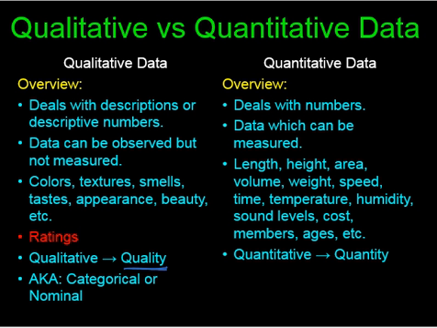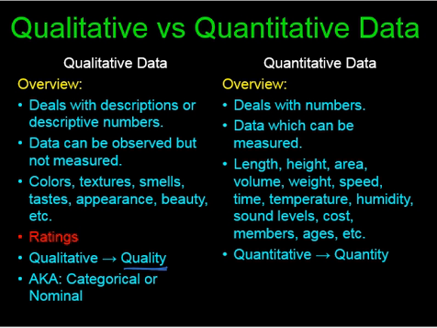The other big category of data is called quantitative data. Quantitative data deals strictly with numbers, but particular types of numbers that can be measured. There are numbers that are actually qualitative, for example, a zip code. A zip code is a number, but it's not something that's measured. Basically, what a zip code does is it describes a location, so it's qualitative.